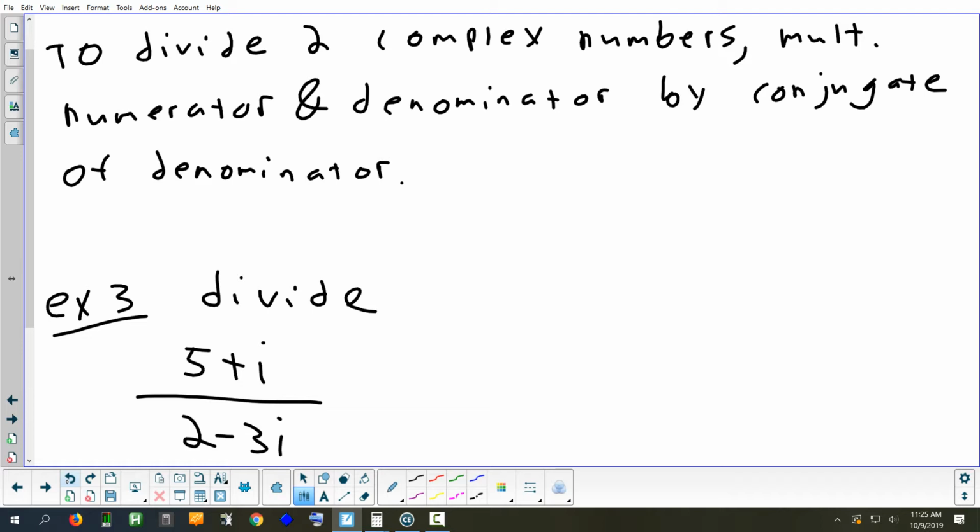So 5 times 2 is going to give me 10. 5 times 3 is 15. And 2 more. So 17i. And then see if we can do it all at once. i times 3i. 3i squared. So that's really minus 3. Okay?